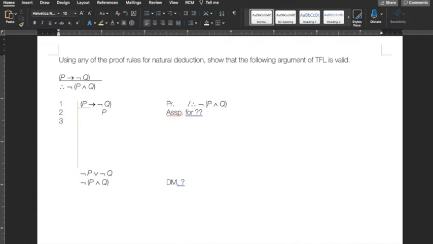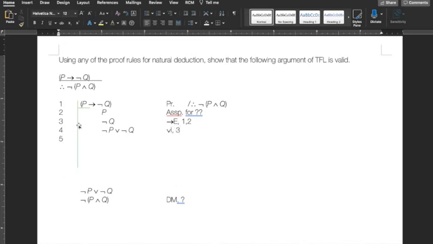If I assume P, I can get not Q, and that follows from conditional elimination from lines 1 and 2. Now that allows me to get this disjunction below, not P or not Q. So that's by disjunction introduction on line 3.